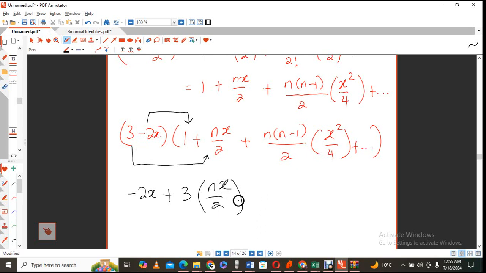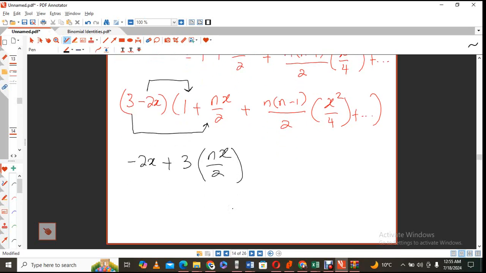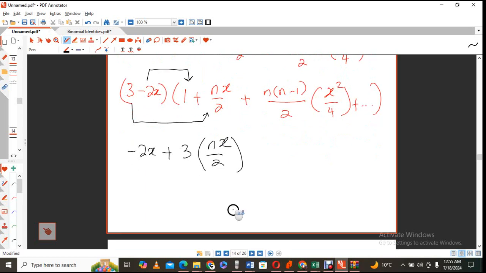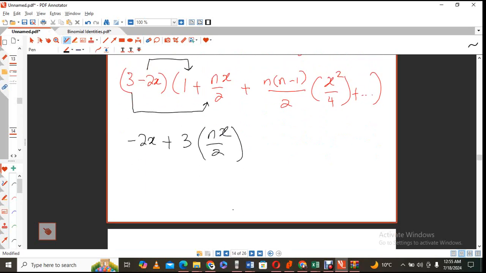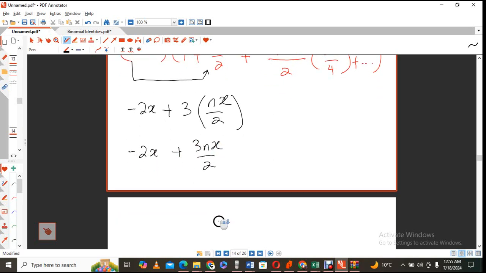So let me just go ahead and clean this up, without the coefficients. This is going to give me minus 2x plus 3nx over 2. Now, what do I know? I know that the coefficient of x is equal to 7.